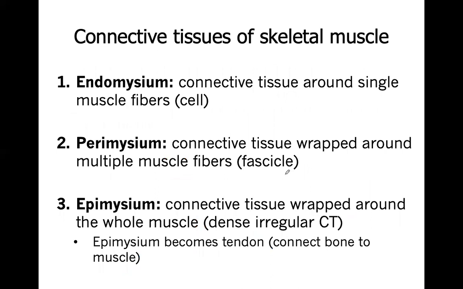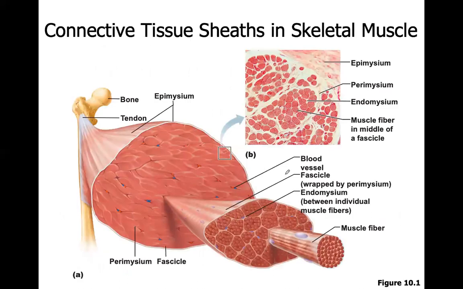Now, when you look at the skeletal muscle, there are 3 layers of connective tissue that can be found in the muscles. Starting with the outermost layer, if this is my whole muscle that connects to a bone, let's say this muscle is, I'm just gonna give you a common name, biceps brachii, which is your arm muscle.